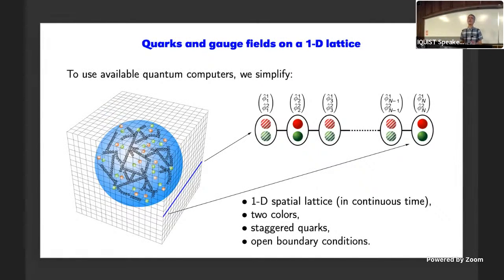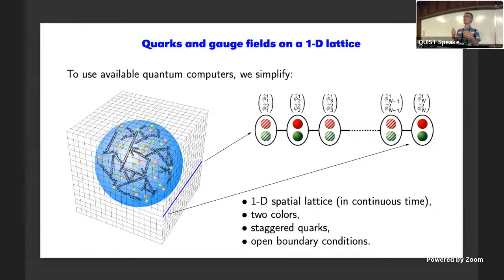Good. In the same way that in electromagnetism, your electron is charged, here our quarks are charged. And there are two kinds of charge. There's red and there's green. So the quarks are charged and the gauge fields are also charged. They will have, say, a red and an anti-green.